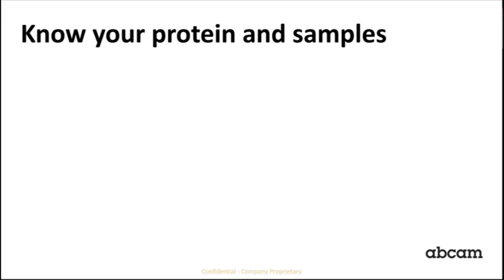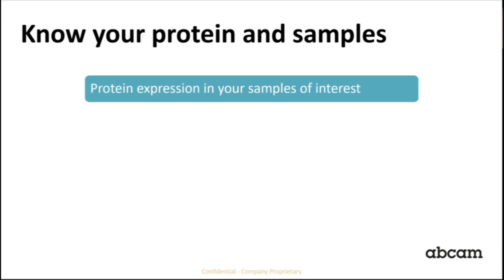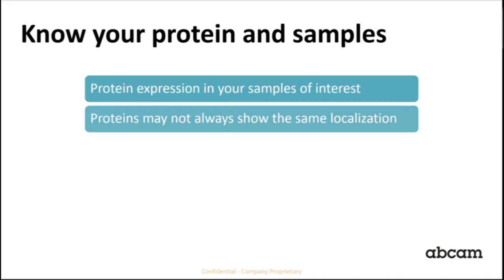To troubleshoot, the first and foremost is that it's very important to know some basic information about your samples and protein targets. For example, what is the protein expression level in your samples, and where is the subcellular location of the protein?